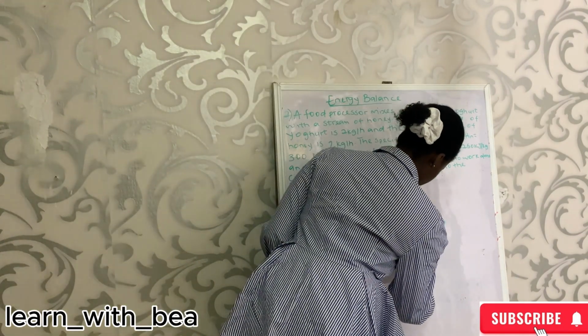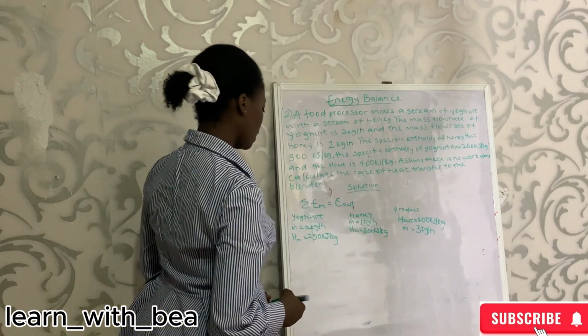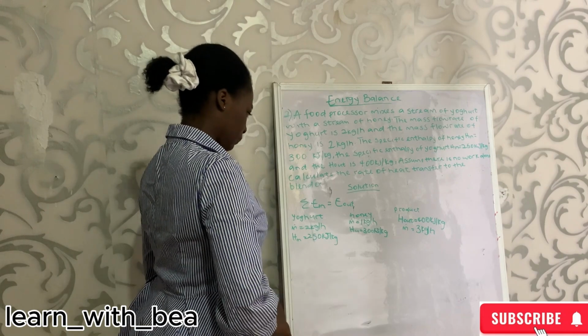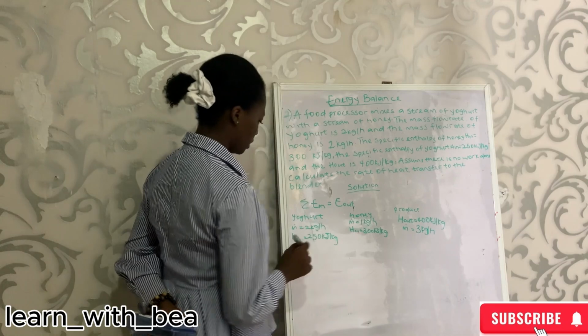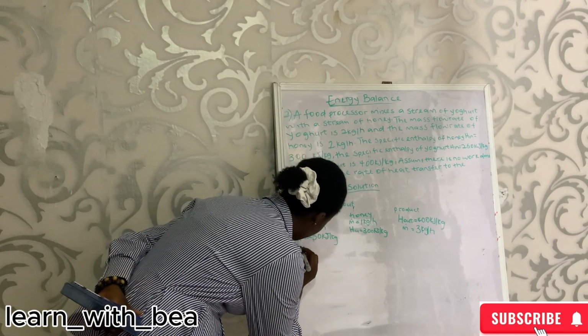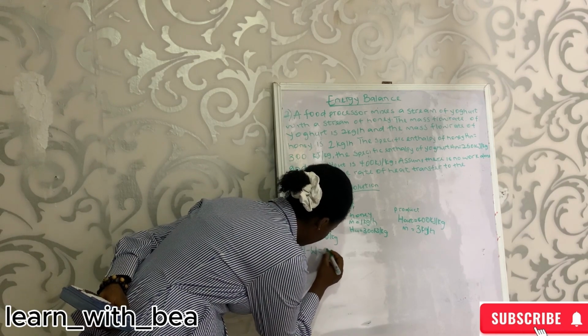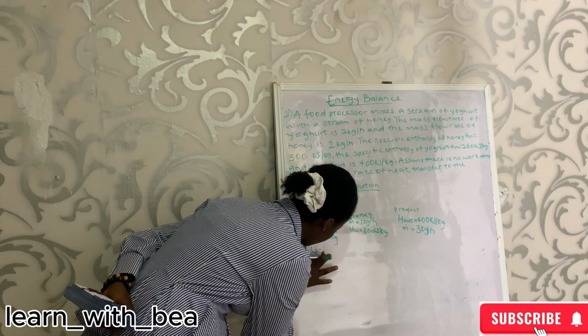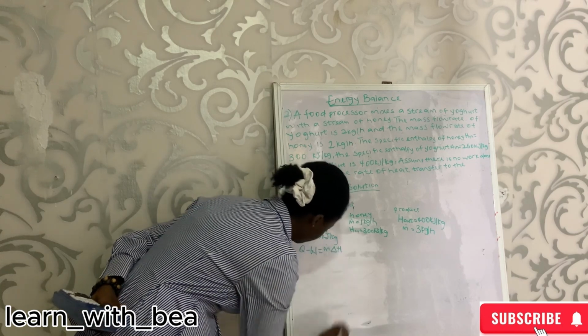So 3 kilogram per hour. Now we can use this formula. Now if we want to use this formula, which is E in equals E out, we know that our formula for E is Q minus W, mass delta H, right?